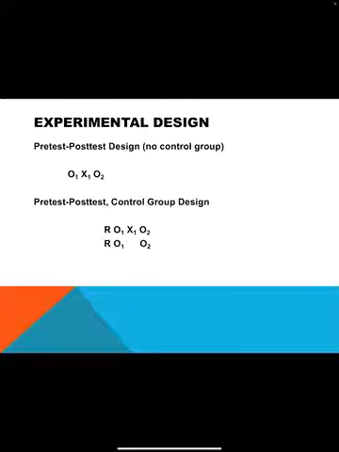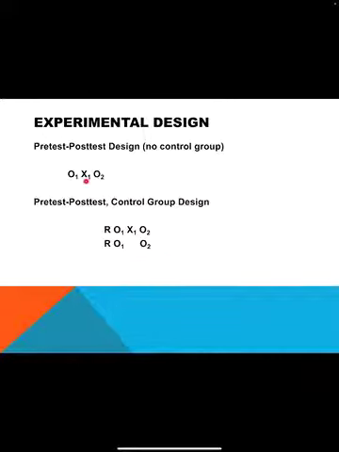This first one is a pretest post-test design, and there's no control group. Well, how do we know it's a pretest and post-test design? Well, we know that the O's mean observation. This O1 right here is our pretest. And then we've got a treatment here.